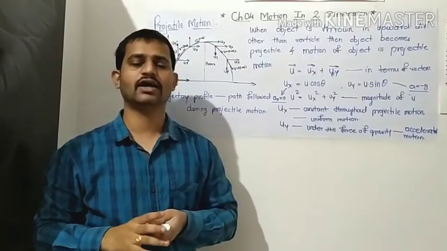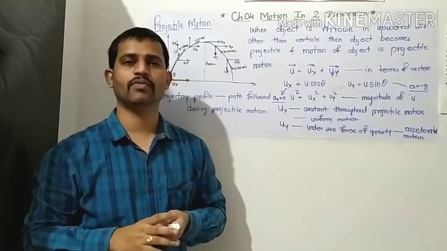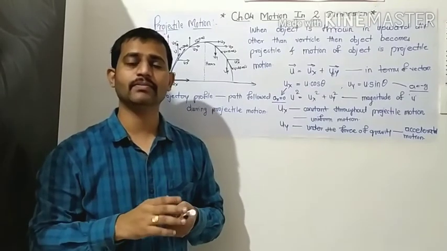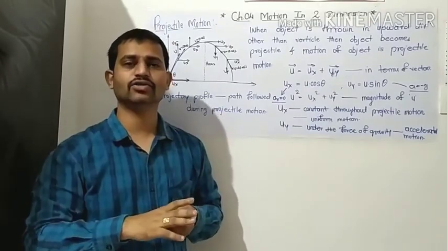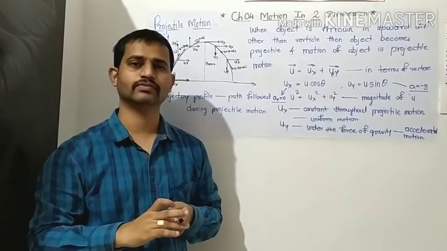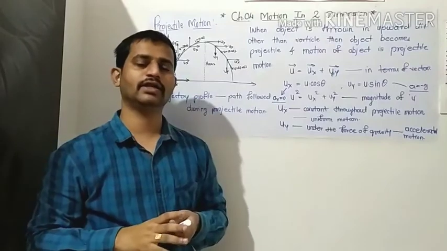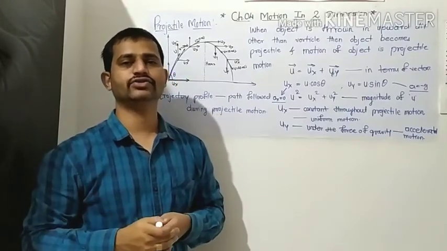All these things depend on three quantities. The first is its initial velocity, the second is the angle theta by which it is thrown from the floor, and the third is the acceleration due to gravity. So the projectile motion depends completely on these three physical quantities: the initial velocity u, the angle theta made with the horizontal, and the acceleration due to gravity.